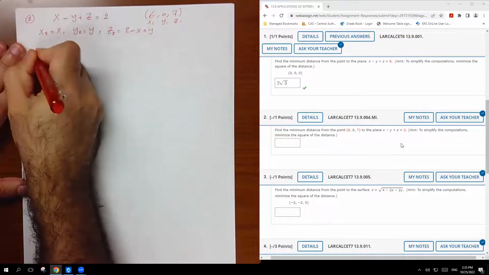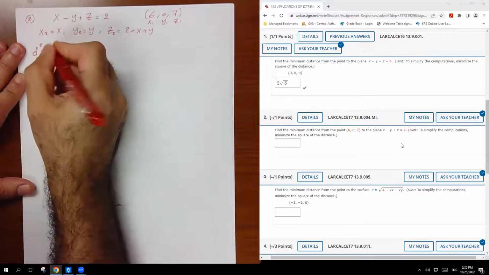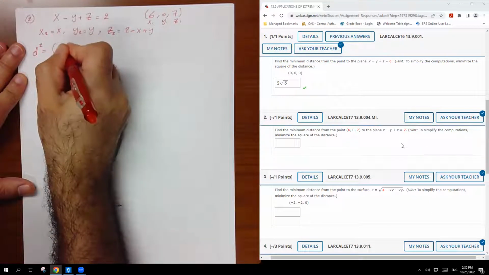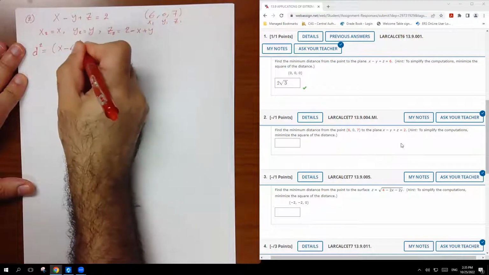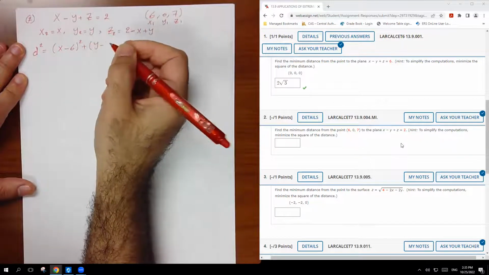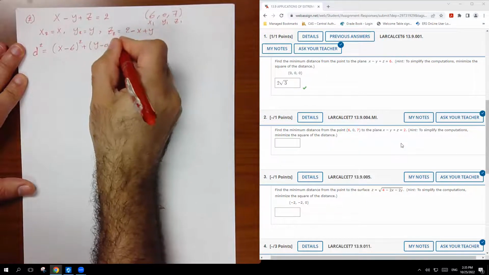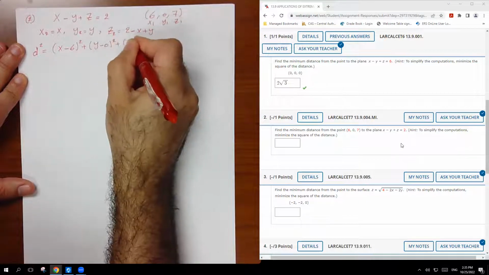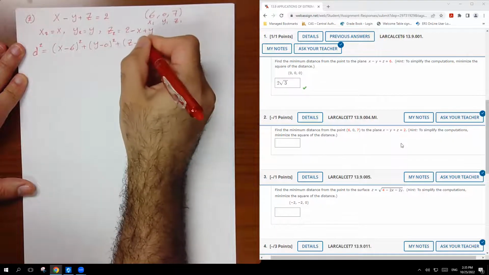I'm just going to say d squared, which is the same thing we did in the previous example. It's going to be (x minus x1), now it's 6, squared, plus (y minus y1), which is 0, squared, plus (z minus z1), which is 7.